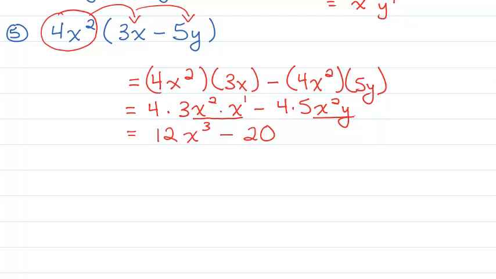But now notice, the bases are not the same, therefore I cannot combine exponents. And then this would be my final answer. I can't subtract the two because I do not have like terms. X cubed and x squared y are not the same. That's it. Have fun with your exponent rules.